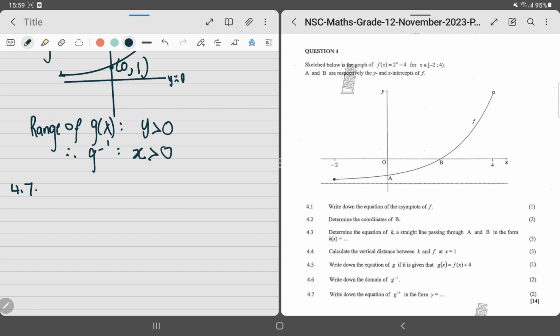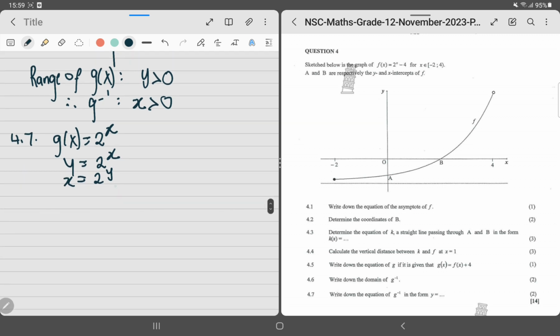Write down the equation of g inverse in the form. So g of x is given by 2 to the exponent of x. That's a y. So in order to find the inverse, we need to interchange the x and the y. And then now we just need to make y the subject of the formula.